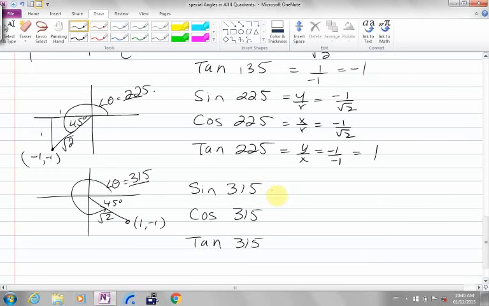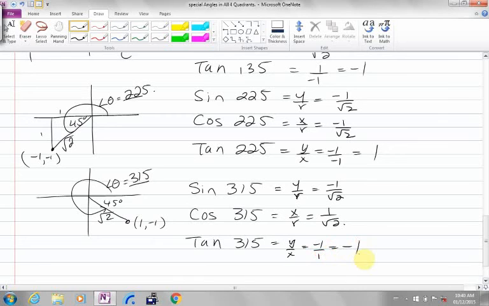And in quadrant 4, y over r becomes -1 over root 2. x over r is +1 over root 2. And tangent is -1 over 1, so it's -1.